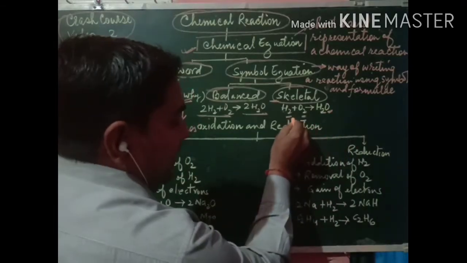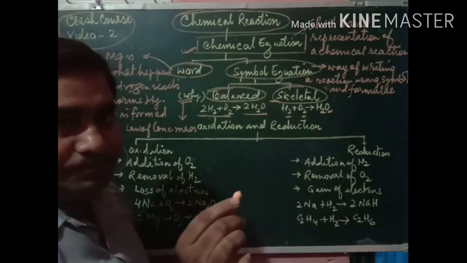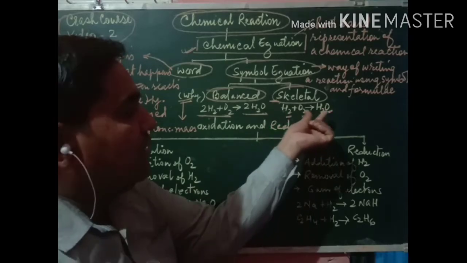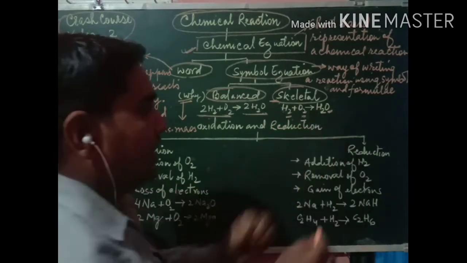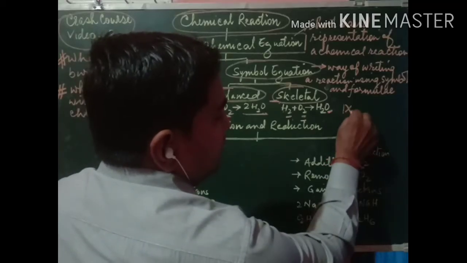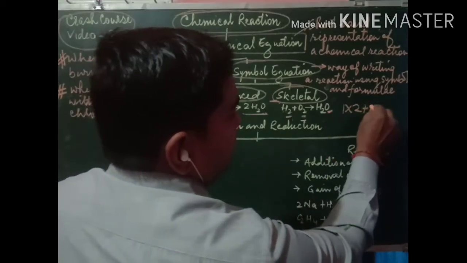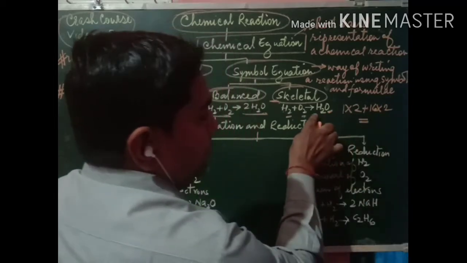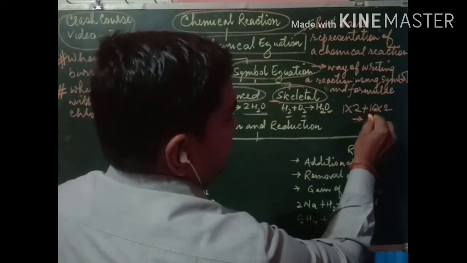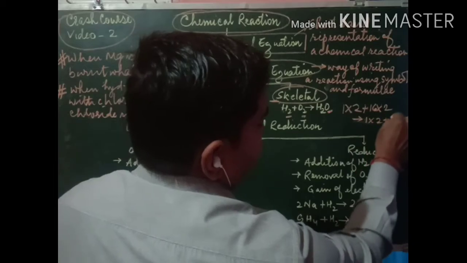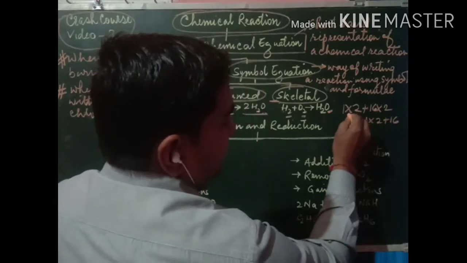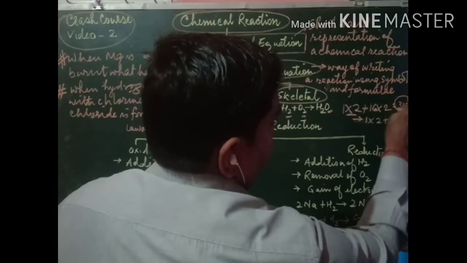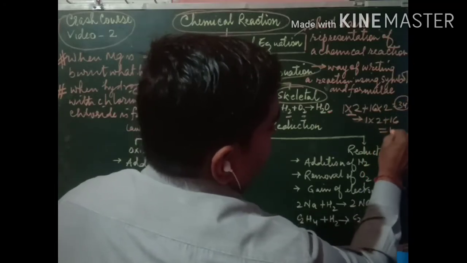So it means that it is not balanced, and here the mass of reactants will be more than the mass of product. How? Hydrogen mass is 1, oxygen is 16, but when you get the product, the mass of product is 1 into 2 plus 16. So what do you get there? 2 and 32, that is 34. But here 16 and 2, 18.